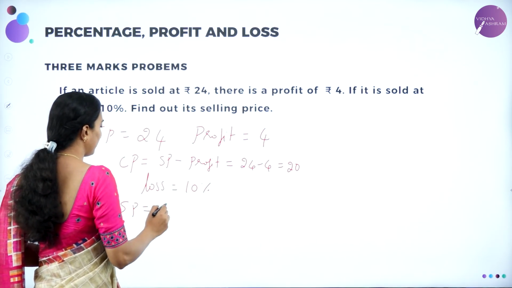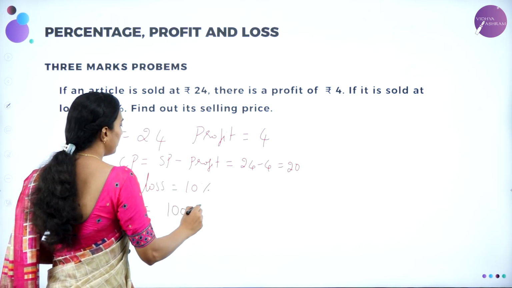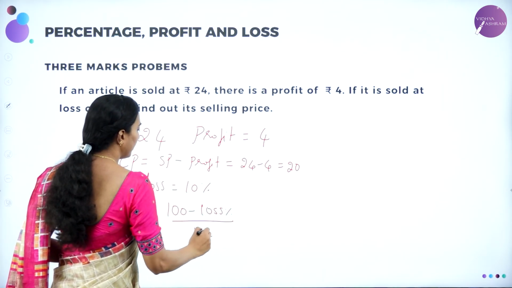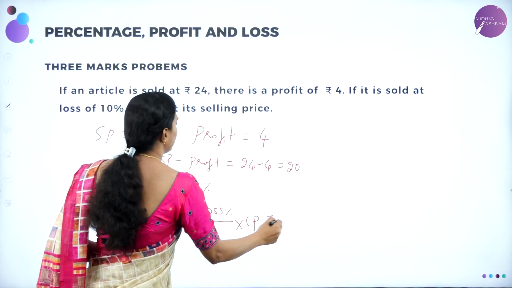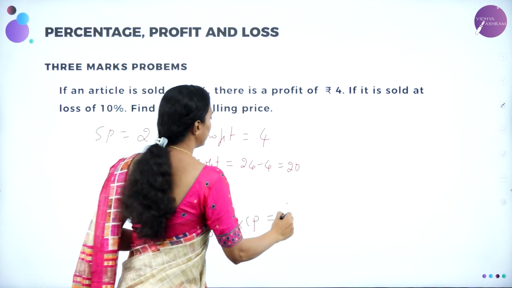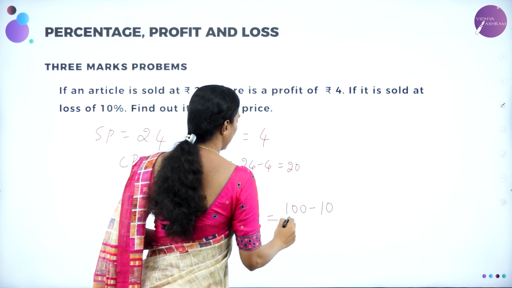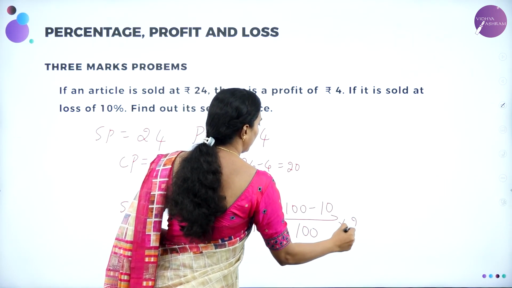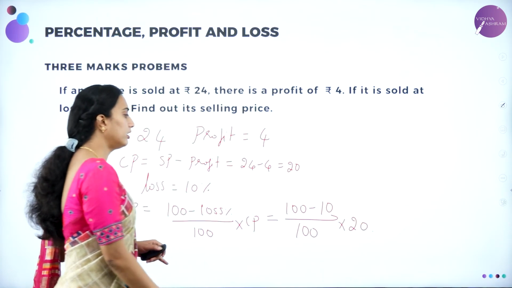The selling price is given by 100 minus loss percentage divided by 100 into CP, which will be equal to 100 minus loss, which is 10, divided by 100 into CP, which is 20. Correct?